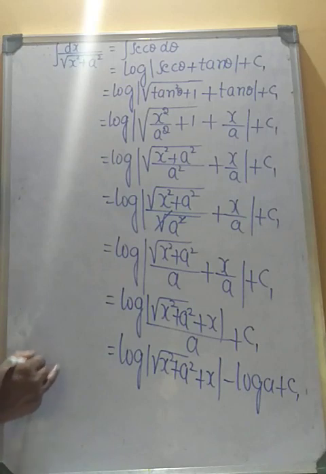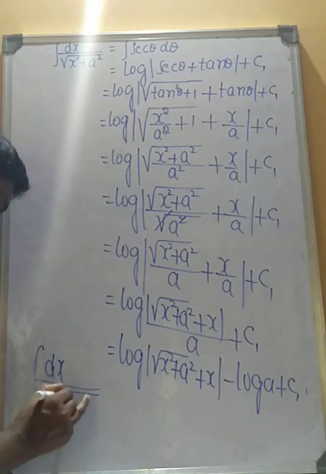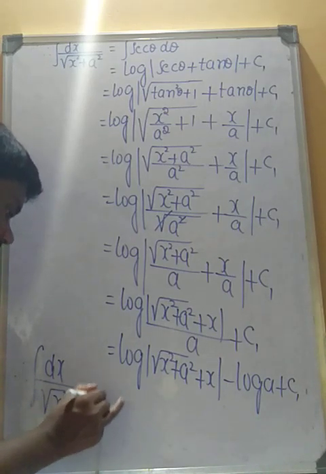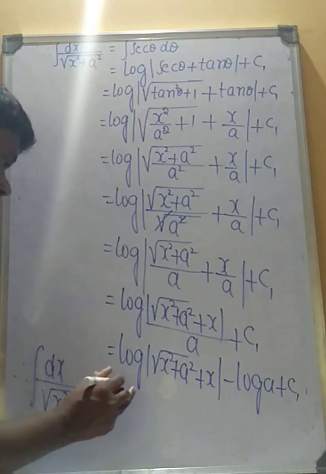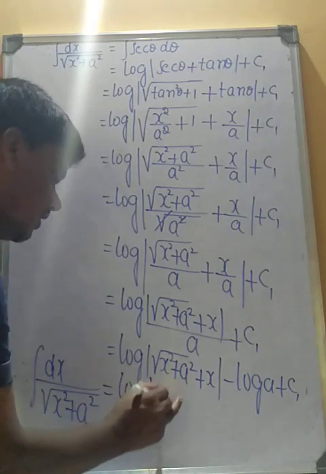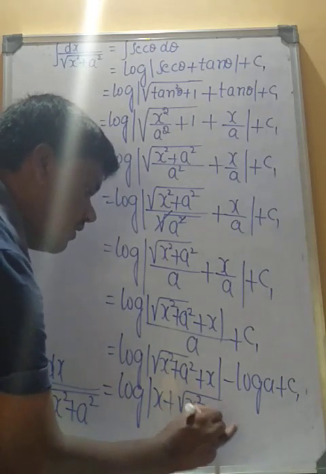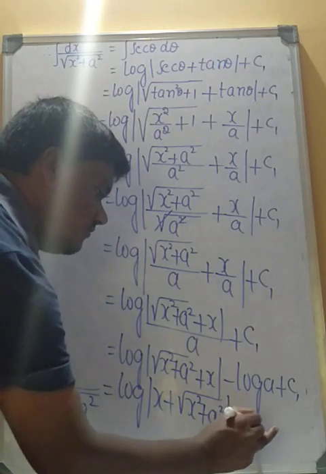Therefore, integral of dx dividing by root of x square plus a square equals log of mod x plus root of x square plus a square plus c.